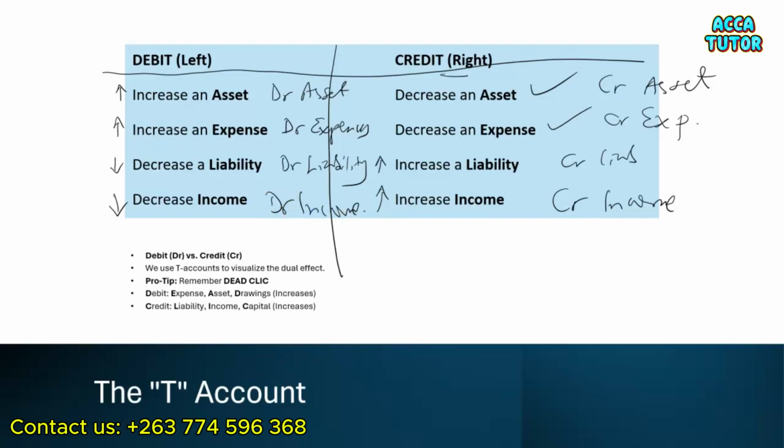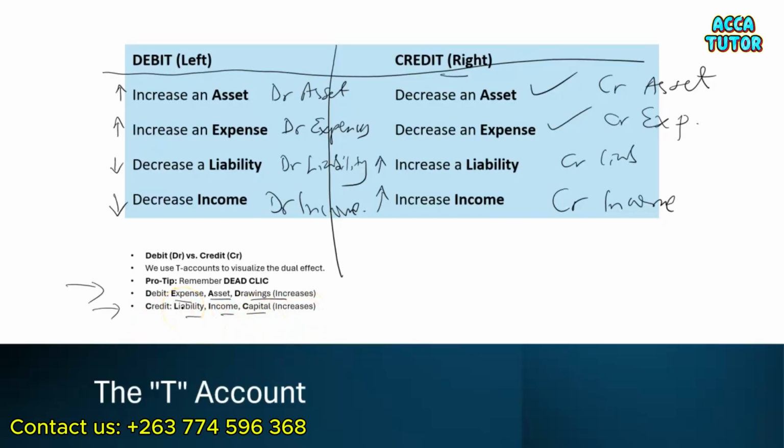You can use the pro tip. Remember DEAD CLIC, where we debit expenses, assets, drawings, which means when these are increasing, we debit them.